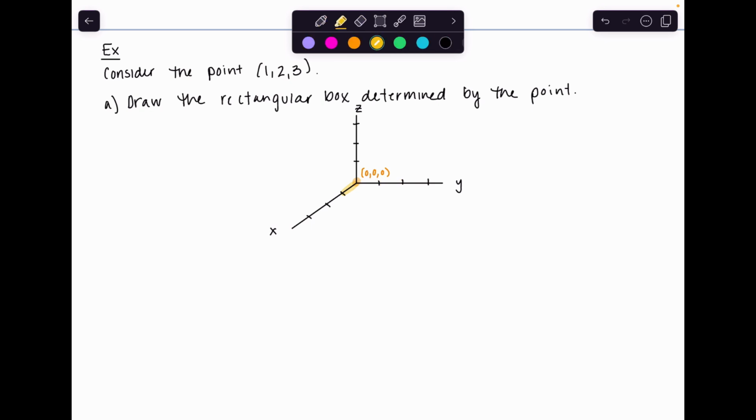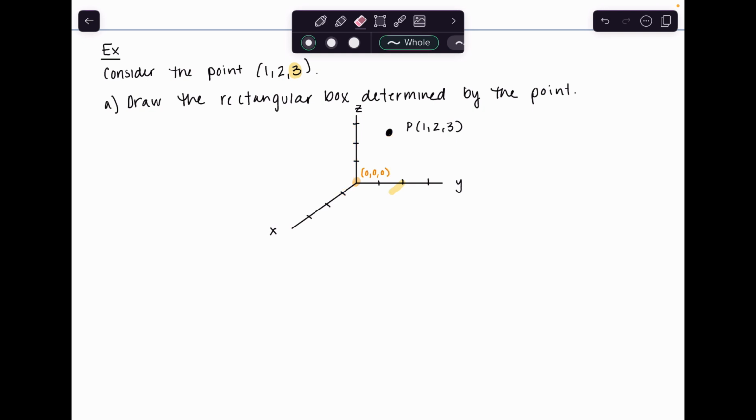So what I need to do to draw this is draw that same length so that it makes a box here, running parallel. And then in my z coordinate, I have to go up a distance of 3, which means I have to go this high, and roughly that's about to here. So this is where our point P is, which has the coordinates 1, 2, 3.